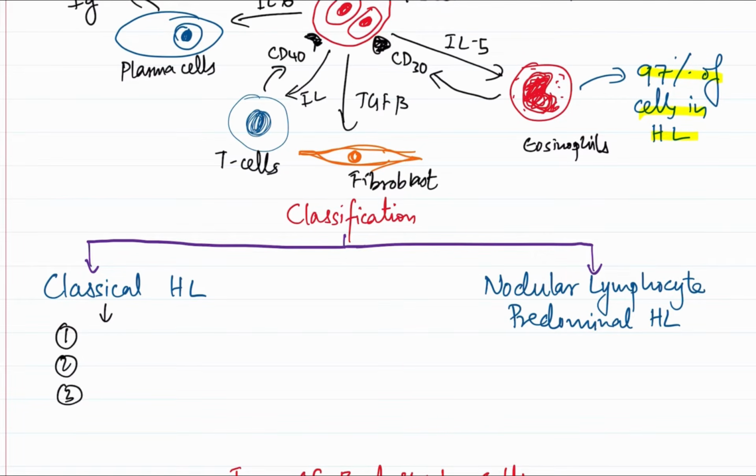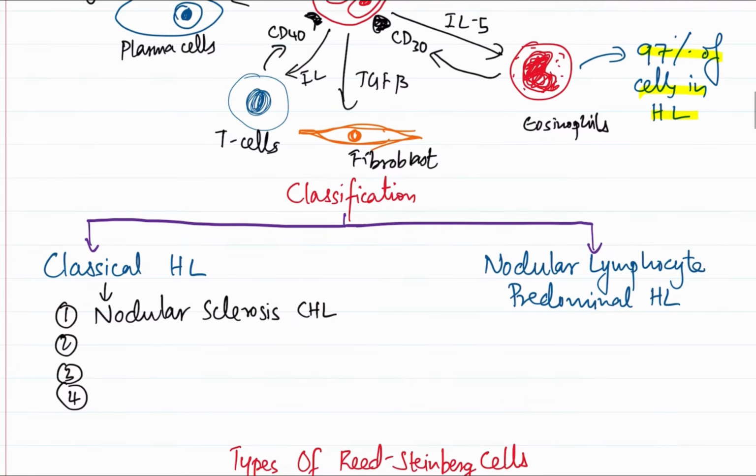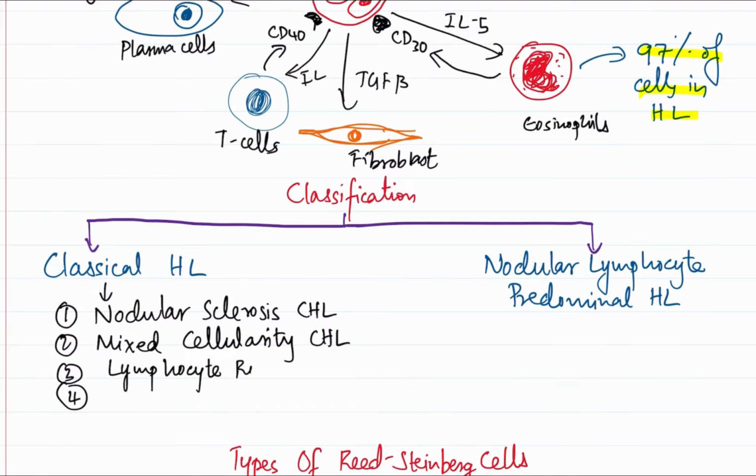But before that, the classical Hodgkin's lymphoma is again of 4 types. The first one is the nodular sclerosis classical Hodgkin's lymphoma, CHL, that is NSCHL. Then there is mixed cellularity. These terms might seem confusing, but once we look at each term individually, we'll understand what they mean.